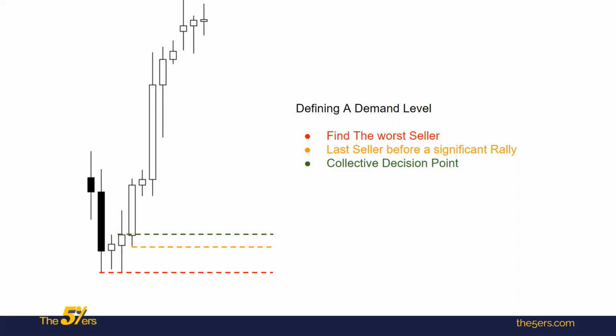we had some sellers, where at this point, at this level, we had the last time sellers were in the game. So buyers won this rival right about here. We call this a decision point.